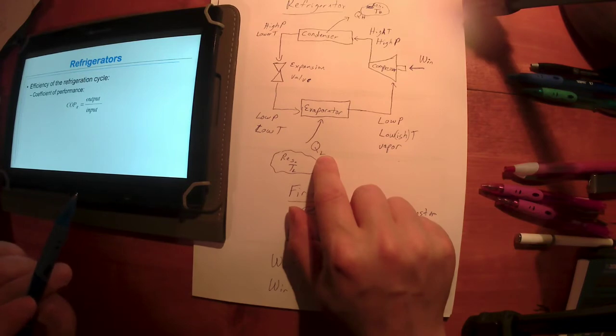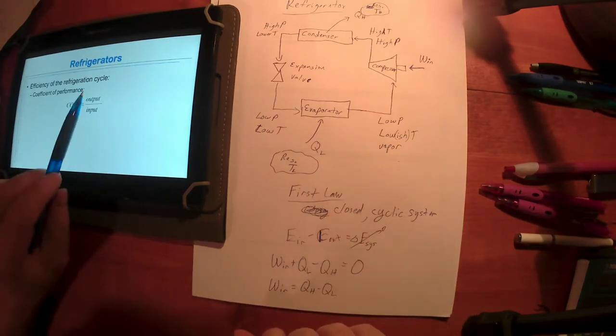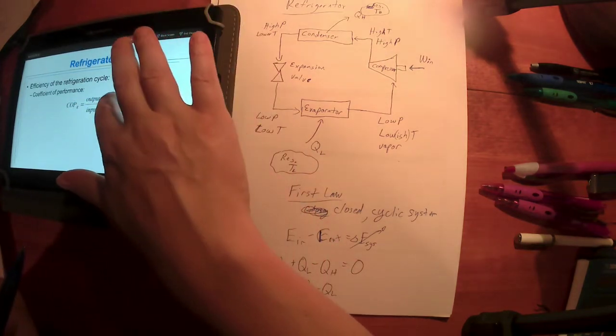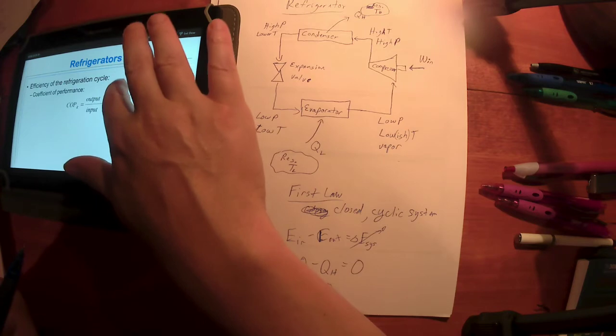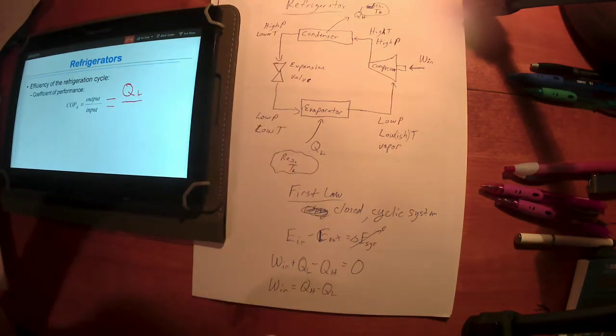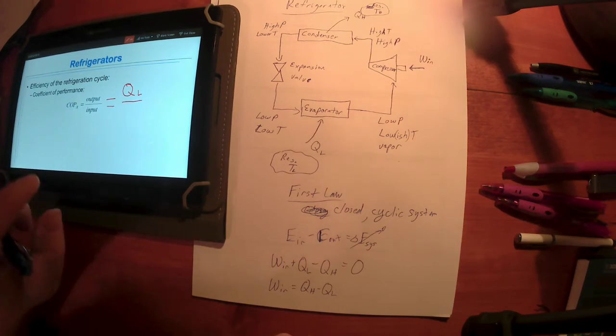That's the goal of your refrigerator, to get QL. Right? So the COP, the numerator is QL. That's my output. That's the goal. That's what I'm after here.